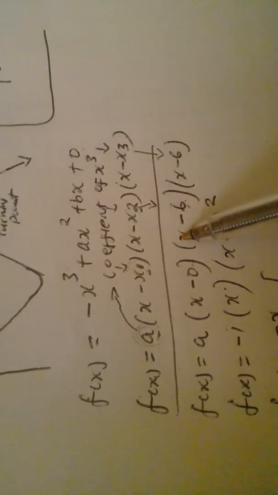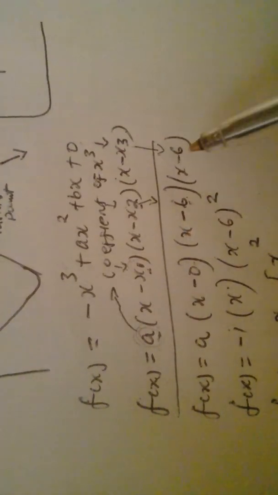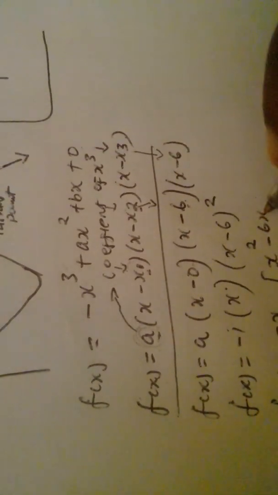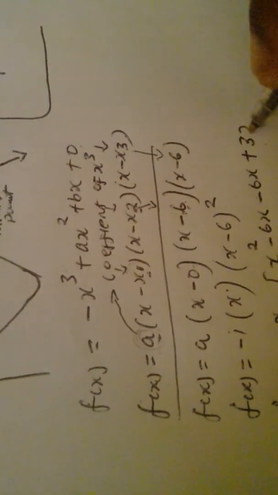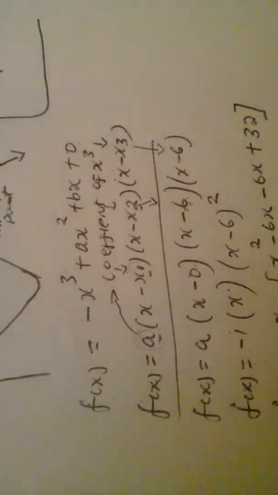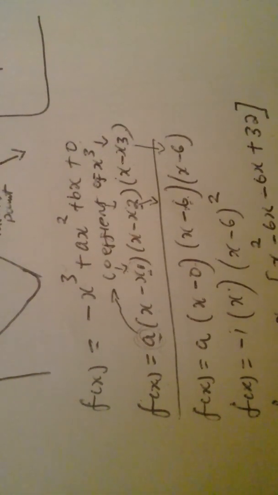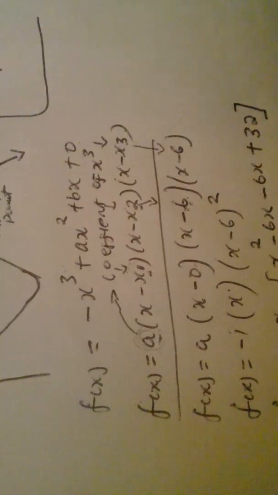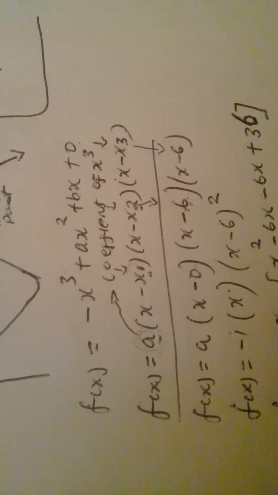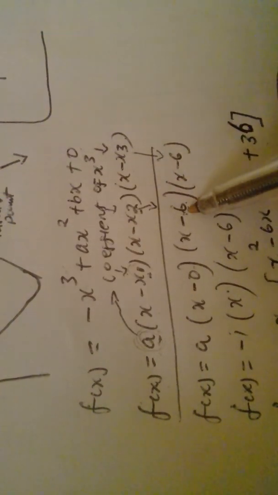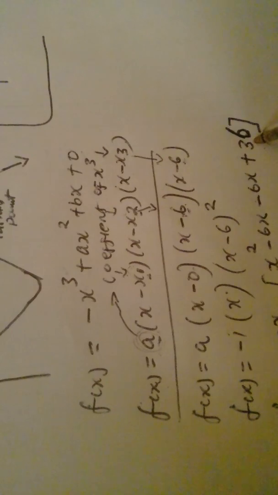So you can say x times x is x squared. x times negative 6, negative 6x, negative 6 times x, negative 6x, plus negative 6 times negative 6 is positive 36. 6, 12, 18. 18 plus 18 is 36. So negative 6 times negative 6 is positive 36.